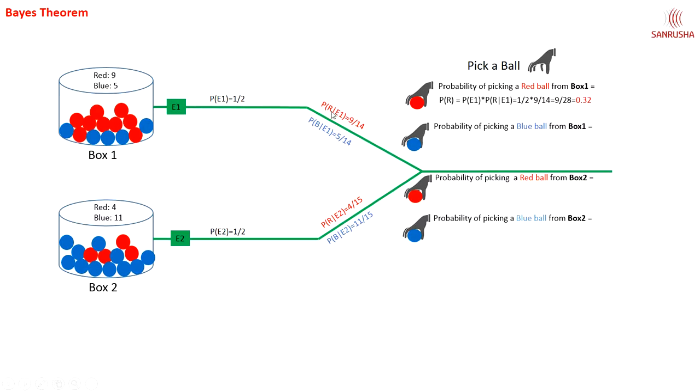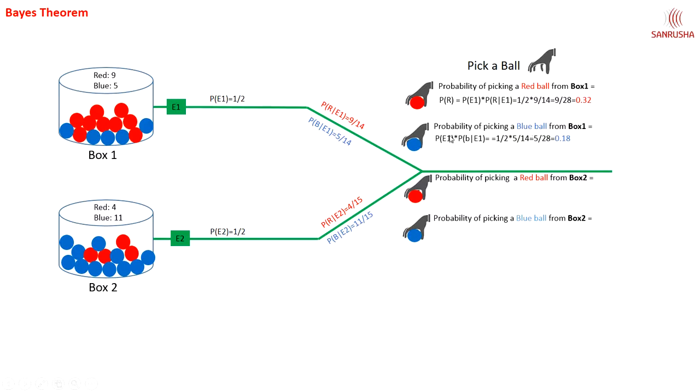So it is called P(R) given E1 happened. If you multiply P(E1) and P(R given E1), that will give you the probability of picking a red ball from box 1. So that would be 1 by 2 multiplied by 9 by 14. That would be 9 by 28, about 32% probability.